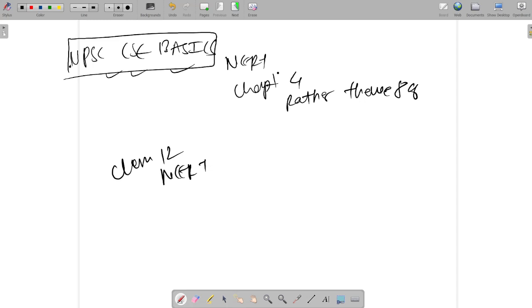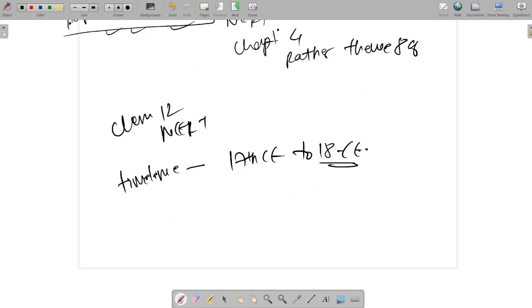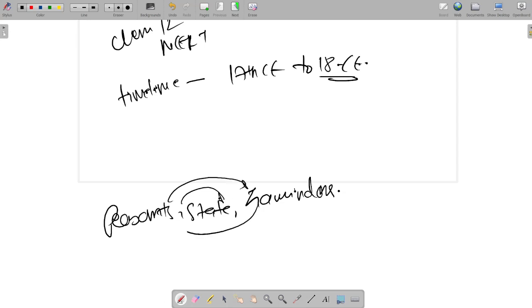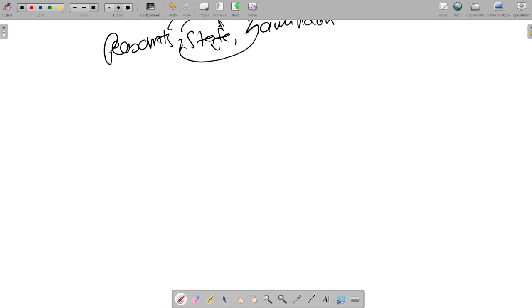This chapter talks about the details of peasant, zamindar and the state, with a timeline ranging from the 17th century CE to the 18th century CE. The relationship between the peasant, state and zamindars is shown in this chapter. Let's start its discussion in detail.